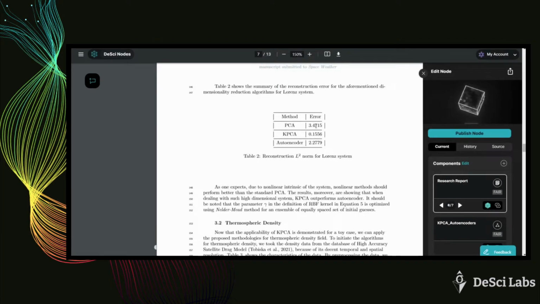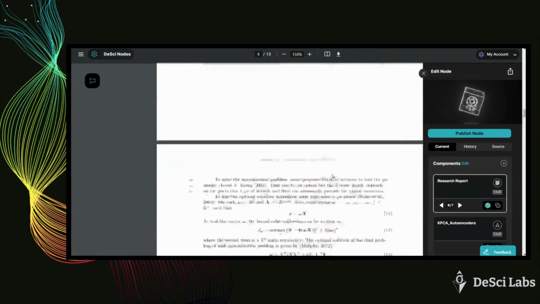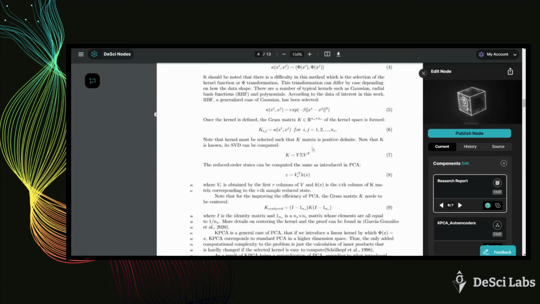Of course, the autoencoder is better than PCA because it's a nonlinear method. I also need to mention that we have this optimization for gamma. In the kernel that I mentioned above, we have this beta as the kernel parameter, so we also optimize this beta to get the best result.